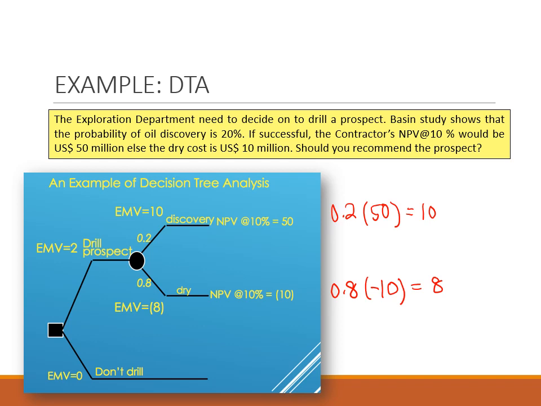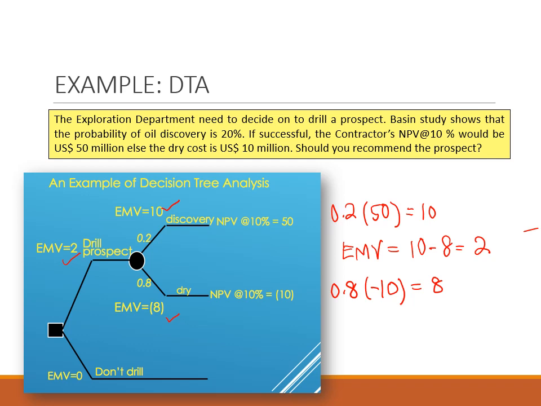And then you roll back further, so that's why I showed here the EMV equals 10 for the first branch, the top branch, and the bottom branch here the EMV is minus 8. So you roll back further to decide whether you should drill the prospect. The total EMV for these two branches will be 10 minus 8 equals 2.